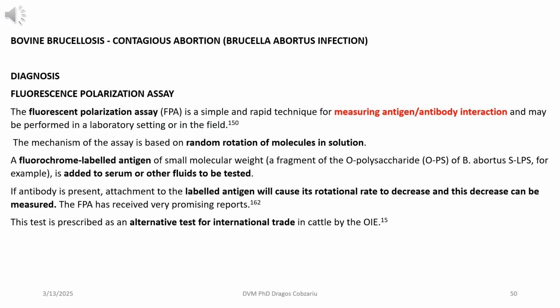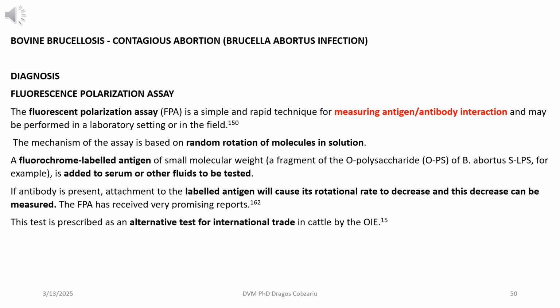Fluorescence polarization assay. The fluorescence polarization assay, FPA, is a simple and rapid technique for measuring antigen/antibody interaction and may be performed in a laboratory setting or in the field. The mechanism of the assay is based on random rotation of molecules in solution.